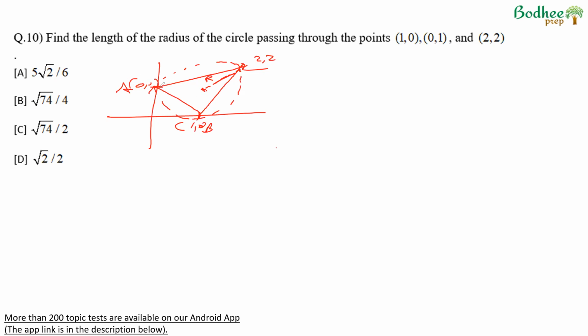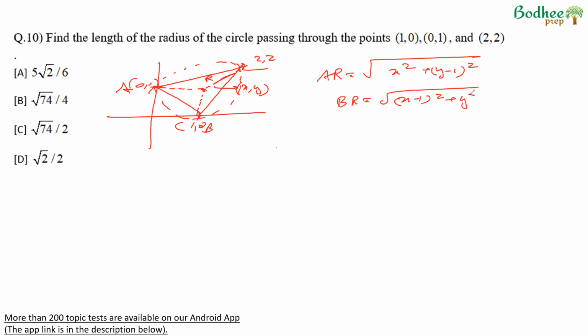Or use the fact that R will be equidistant from all the vertices. Suppose the coordinates of R are x and y. Therefore, distance AR will be the root of x square plus (y minus 1) square, and BR will be the root of (x minus 1) square plus y square.